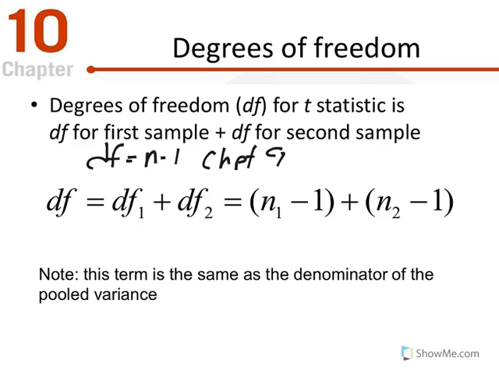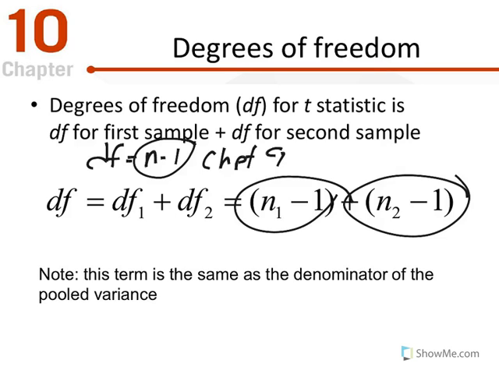Because everything's doubled, essentially we're saying degrees of freedom for this chapter is equal to n sample 1 minus 1 added to sample 2 minus 1. Again, we're just doubling what we saw in chapter 9. So again, it's n minus 1, twice for us to be able to find degrees of freedom, which is needed to find our critical t.